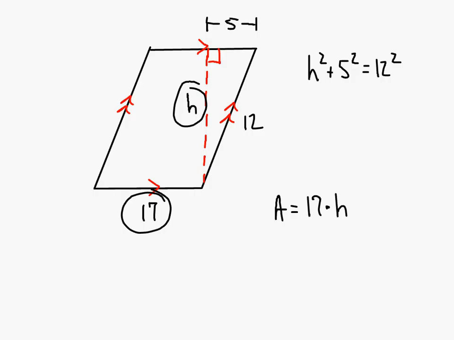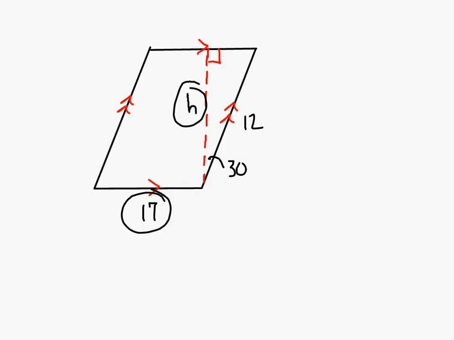The other type of problem you're going to see today will look something like this. And again, just watch, because it's more review. Now, maybe they don't give you this 5 up here, but they tell you that this angle is 30 degrees.